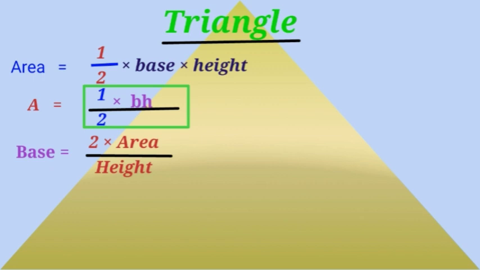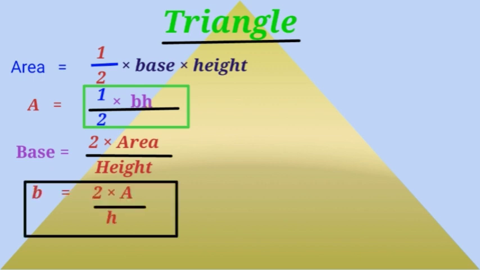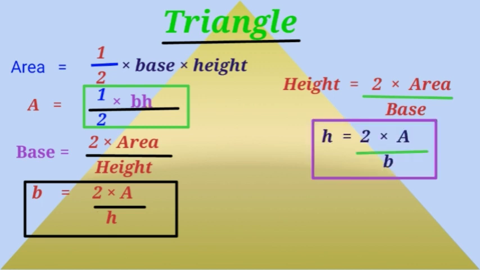Base is equal to 2 into area divided by height. B is equal to 2 into A divided by H. And height is equal to 2 into area divided by base. H is equal to 2 into A divided by B.